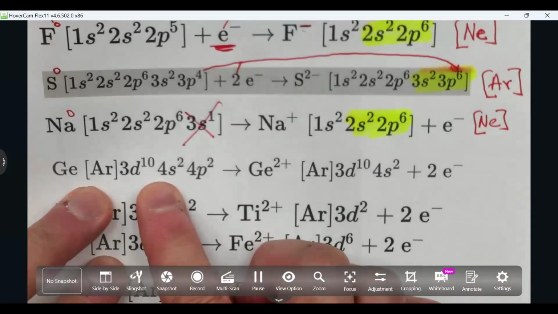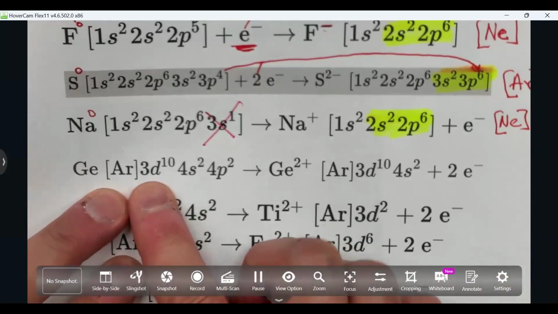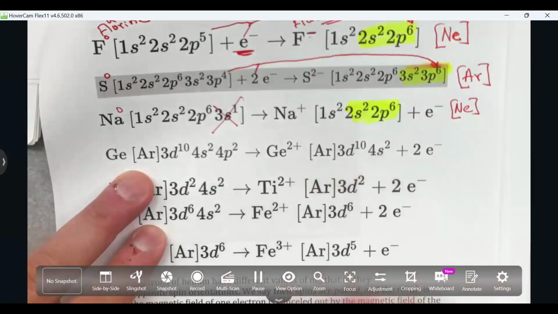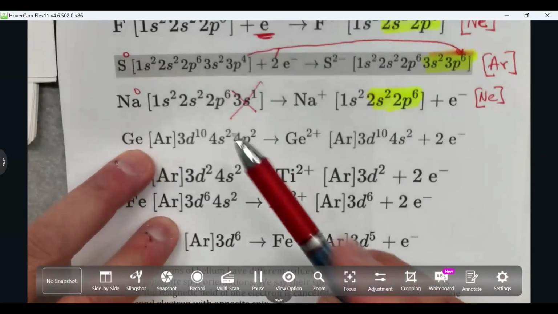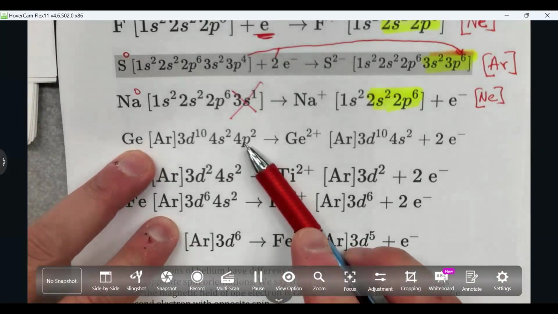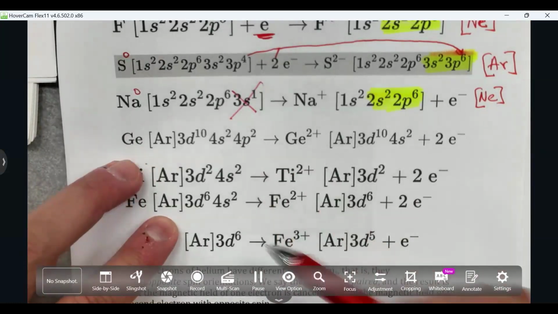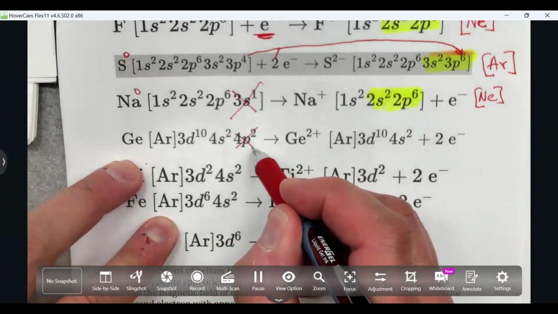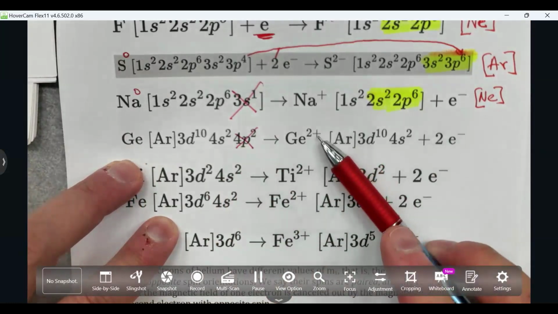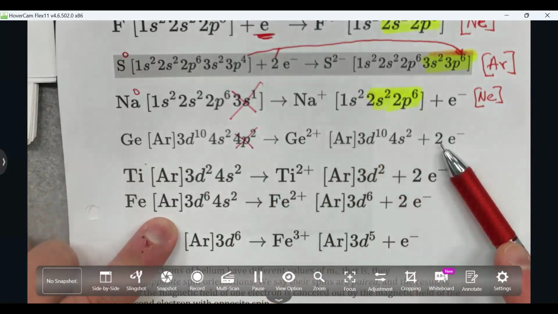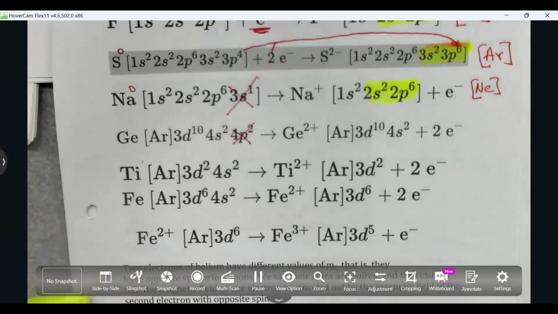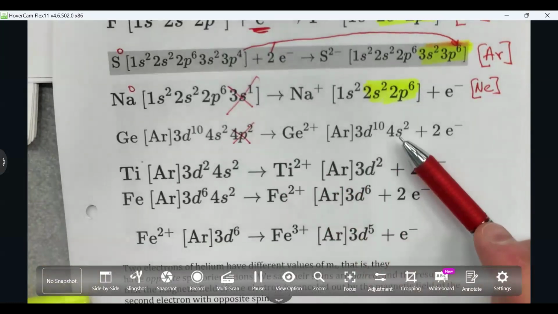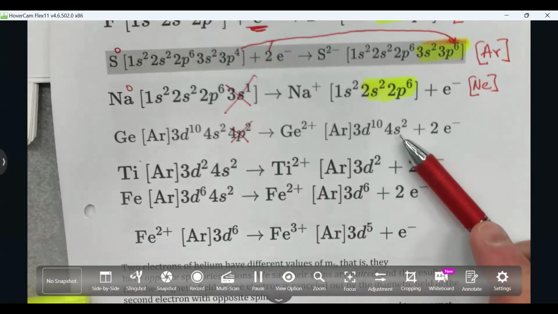You've got germanium, and I actually did the shorthand way here for germanium. 4s2, 4p2. So in this case, germanium, if it gets rid of these two electrons, we get the +2 charge. Now, germanium could also get rid of those two as well.